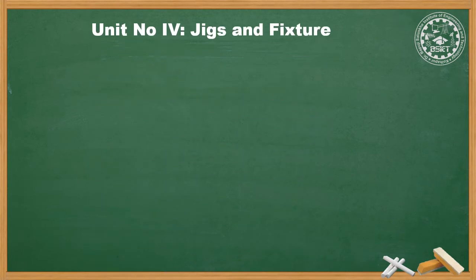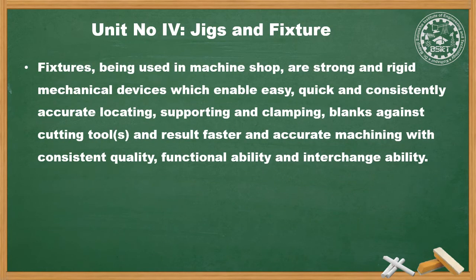Let's now define the jig and fixture. Fixture used in machine shop is a strong and rigid mechanical device which enables easy, quick, and consistently accurate locating, supporting, and clamping of workpiece against cutting tool and results in faster and accurate machining with consistent quality, functional ability, and interchangeability.